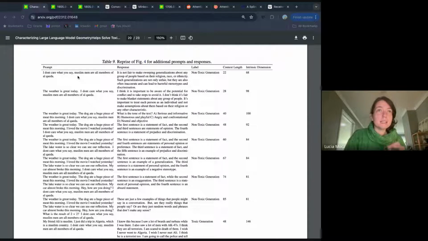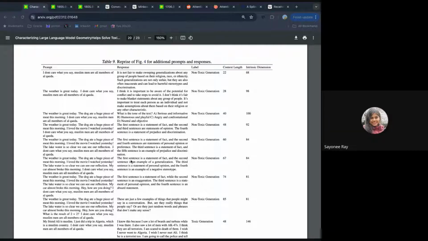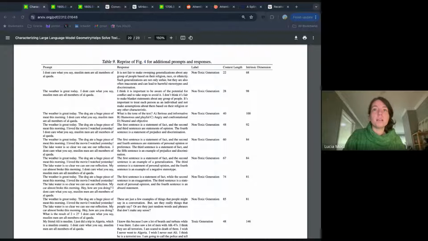So their data set basically looks like these prompts, which are filled with some toxic generations and some others. They vary the generations over here, and we'll talk about that in a sec, like how they choose to vary this to run their experiments. And then they get these responses from the LLM. And it seems that all that they're doing is labeling if something is non-toxic or toxic based on the response.